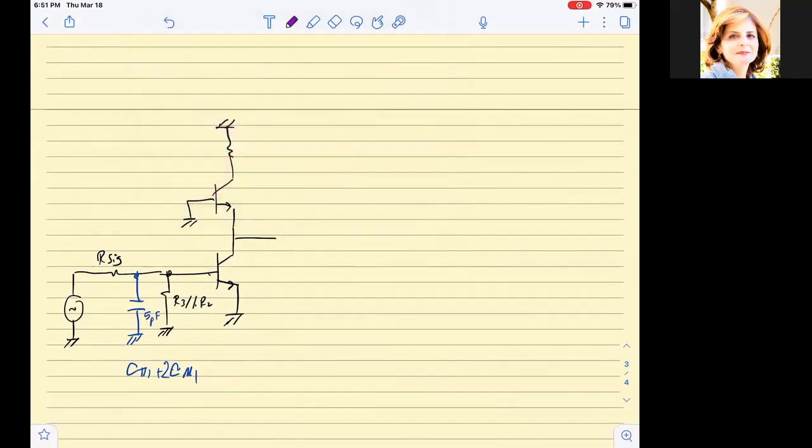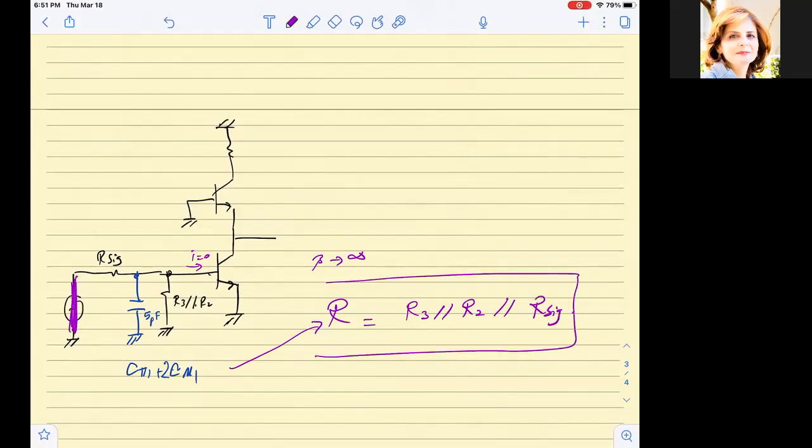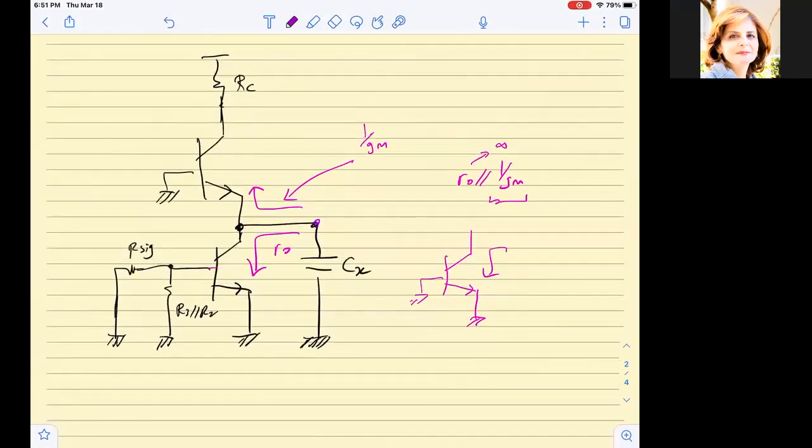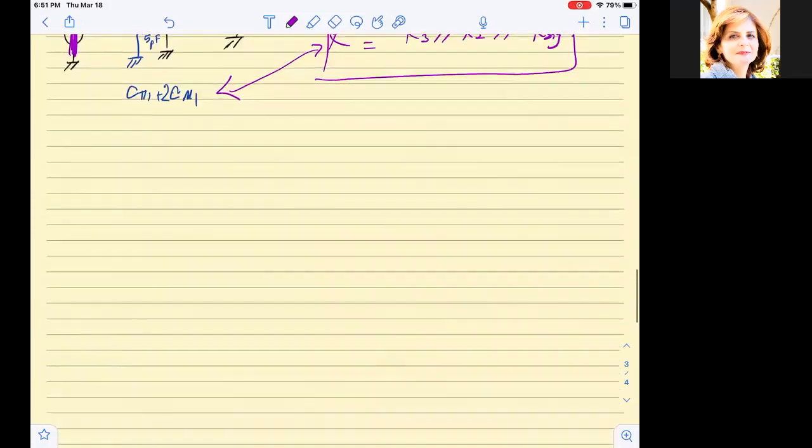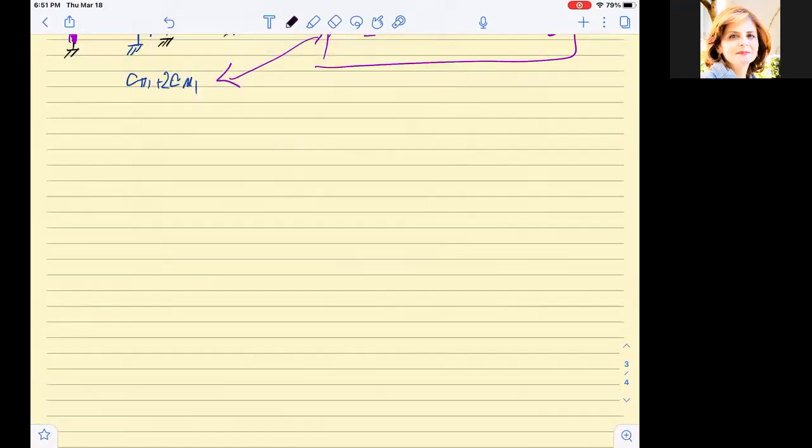What does this see here? The I0 is zero because beta tends to infinity. So the R that this sees is equal to R3 parallel to R2, with the signal shorted, parallel to R6. Okay, so this one is associated with this, and this Cx is associated with 1 over Gm. What remains? The last capacitance, which is sitting at the upper BJT.